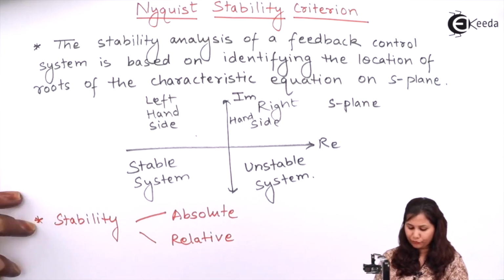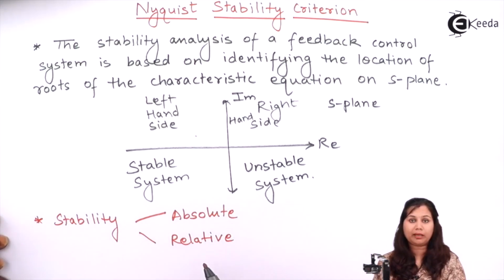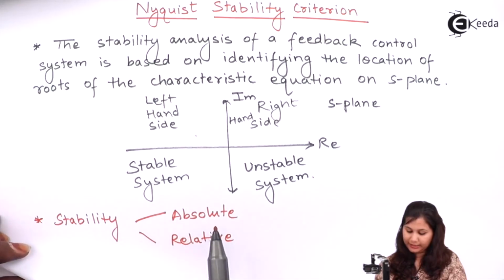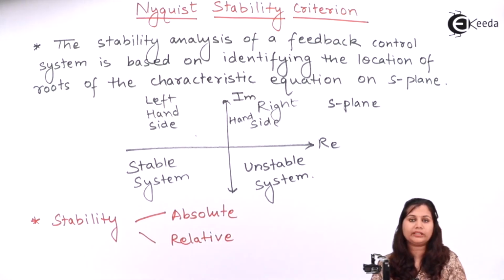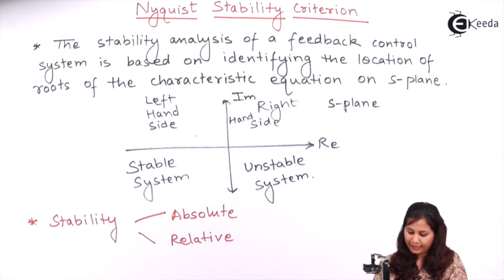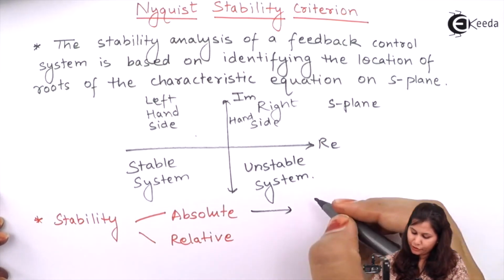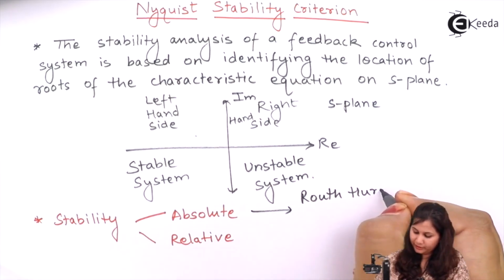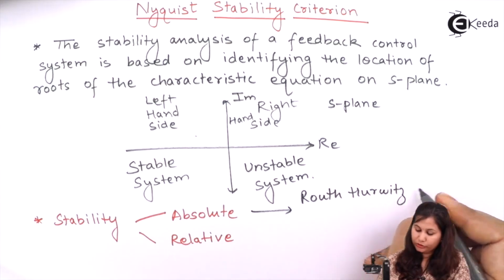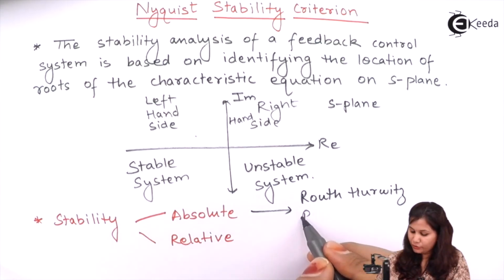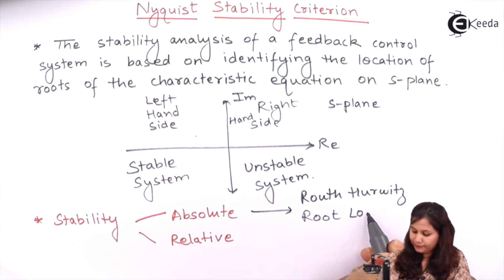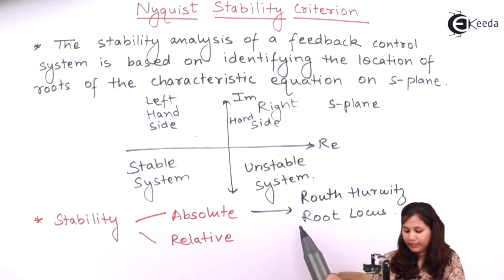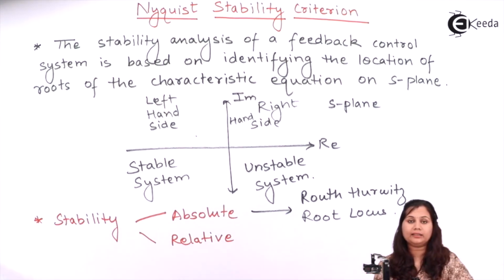Now to determine the absolute and relative stability, there are various methods. For absolute stability, the methods are like Routh-Hurwitz and root locus, which we have already studied in our earlier videos. All these methods determine the absolute stability of the system.